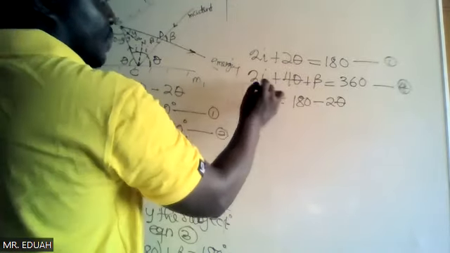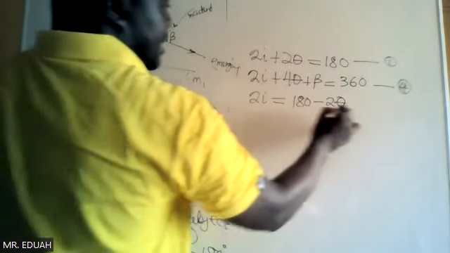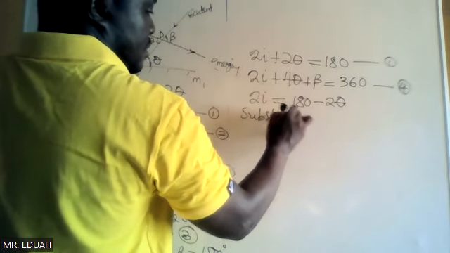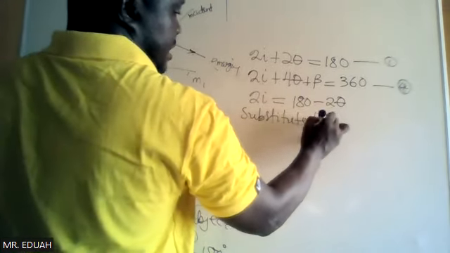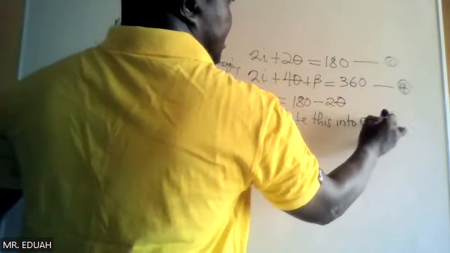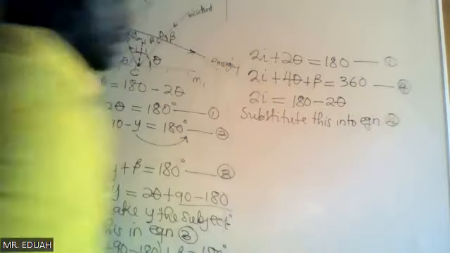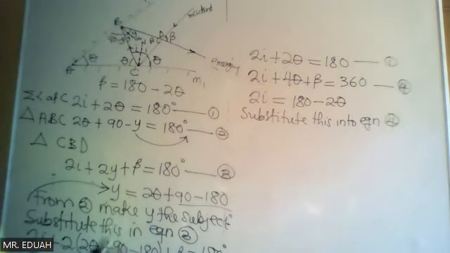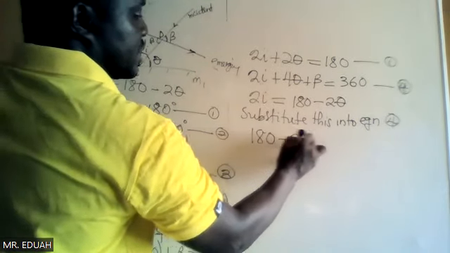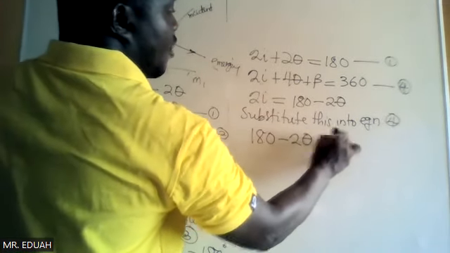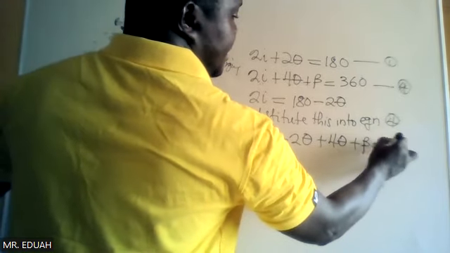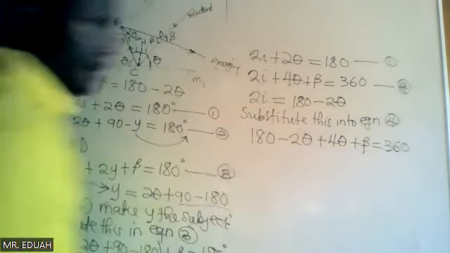So we have, then substitute this into equation 4. So you have 180 minus 2 theta plus 4 theta plus beta is equal to 360.